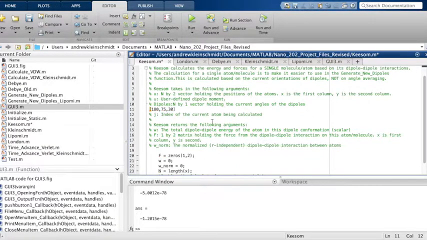And all of these, note, are relative to 0 being the x-axis. So they're not relative to each other, it's relative to some arbitrary x-axis.